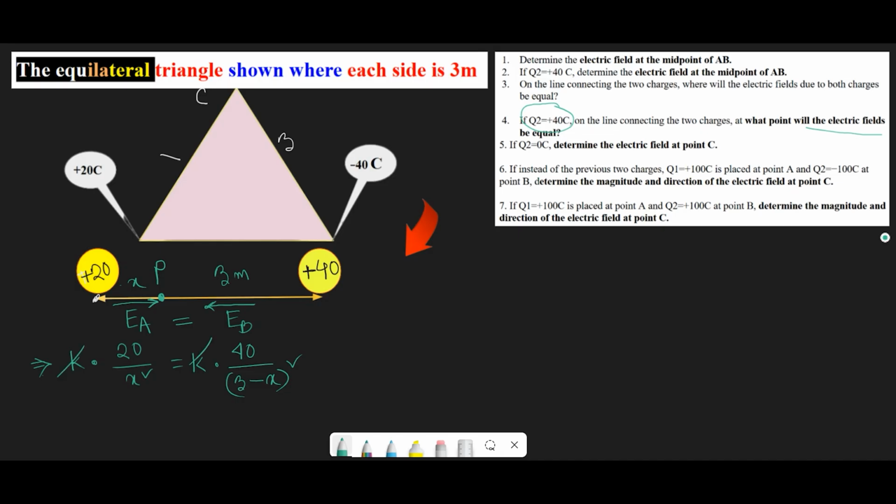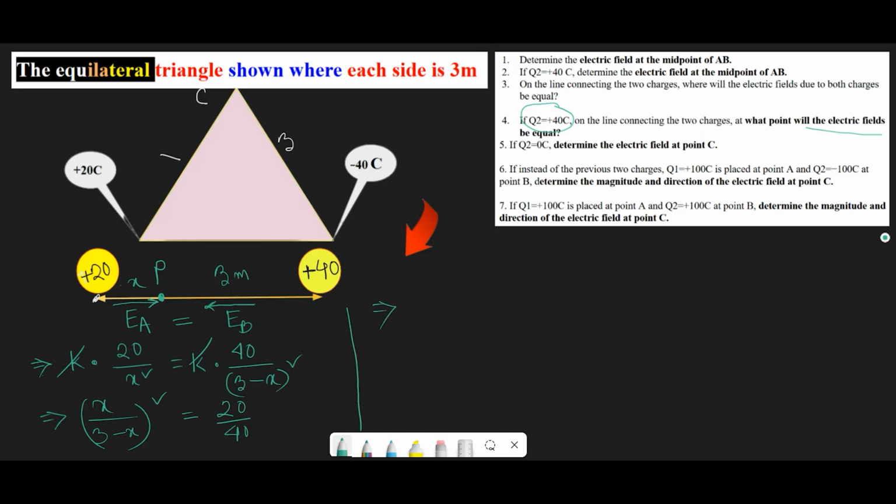K cancels. x over 3 minus x whole square equals 20 over 40.